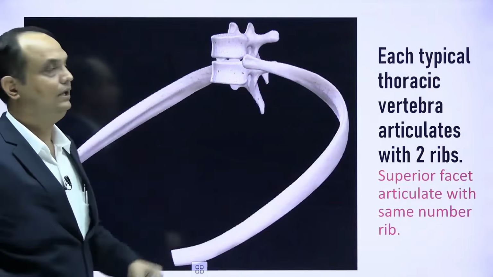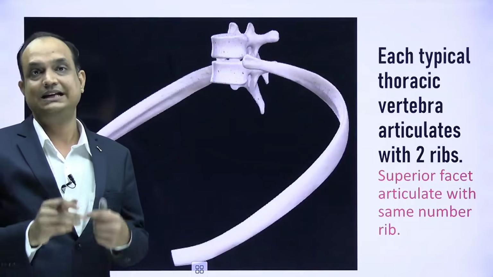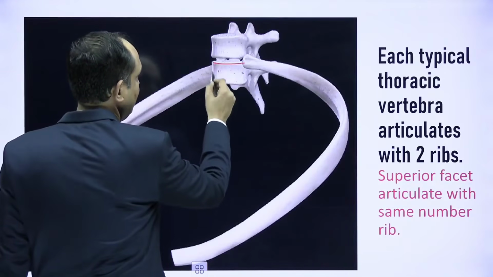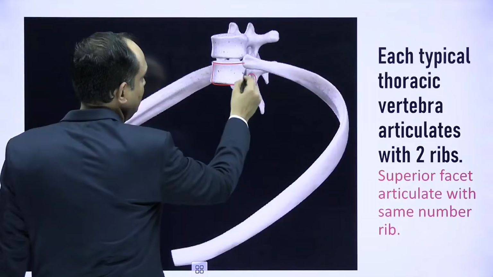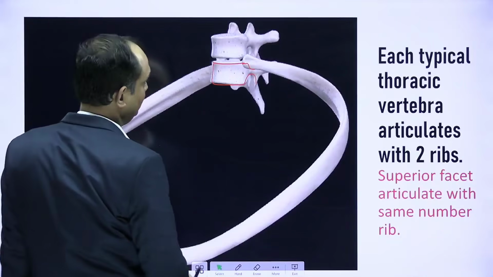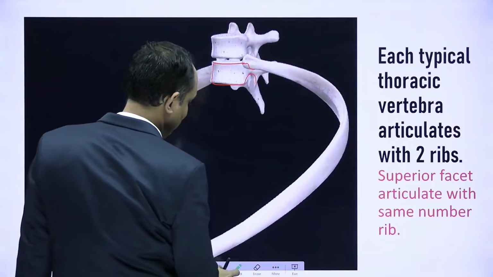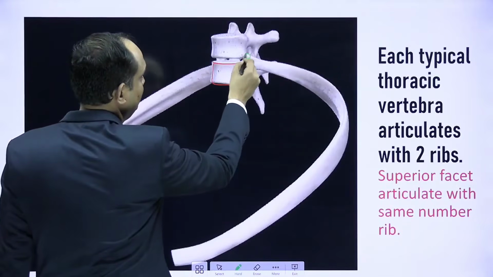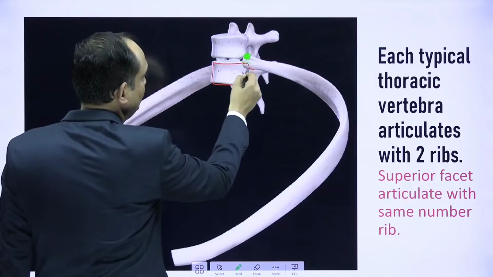Now how does a typical vertebra have the articulation? You can see that this is one vertebra. This one vertebra of the thoracic region has the facet for the rib, but you have to understand that one rib makes a joint with two vertebrae.